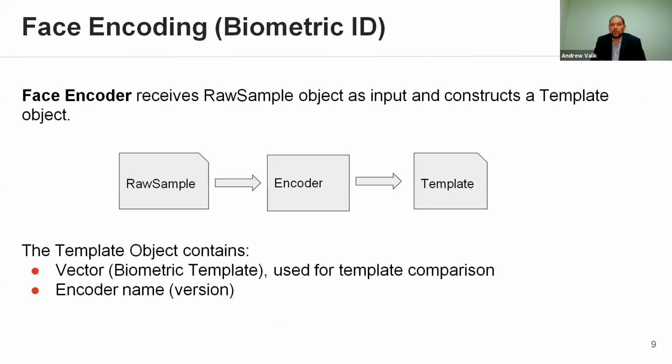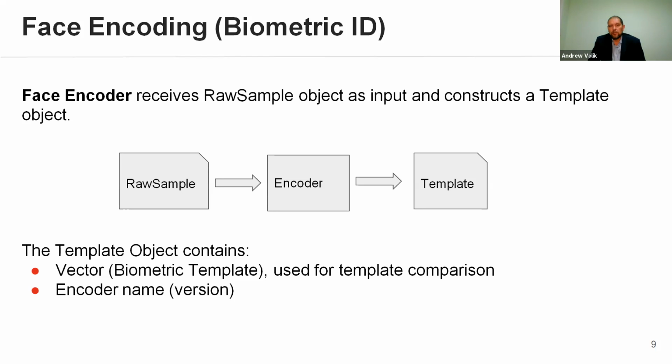And after the detector, we have a raw sample and can pass it to the encoder. The encoder receives the raw sample object and constructs a template object. The template object contains a vector that can be used for comparison, for face identification or verification, and the encoder name or version.